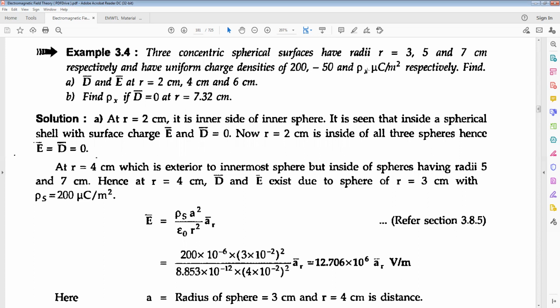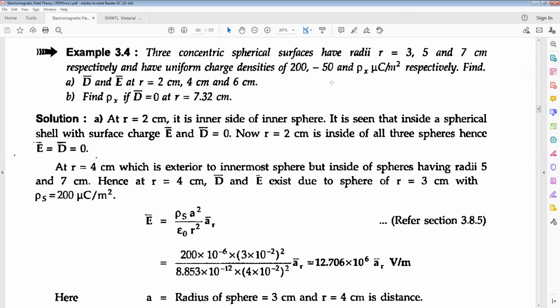These are rho s, my dear students. Rho s is only per meter square, rho v is per meter cube, rho l is per meter only. Find the D bar and E bar at R is equal to 2 centimeters, 4 centimeters and 6 centimeters, and find the rho x if D bar is equal to 0 at R is equal to 7.32 centimeters.